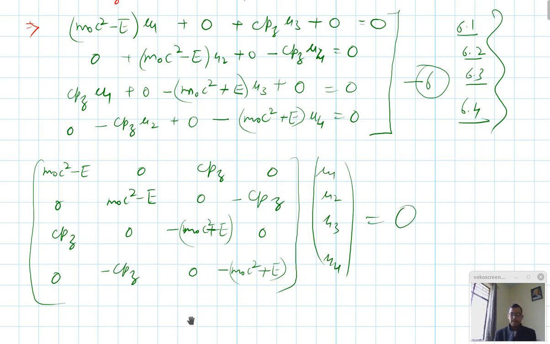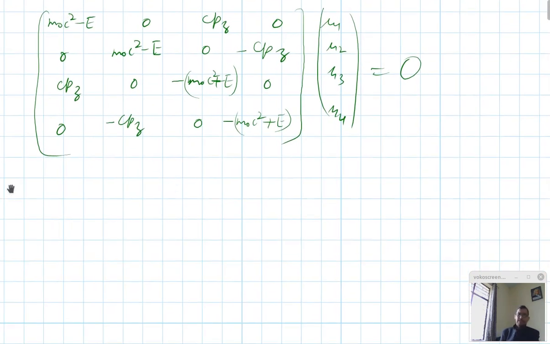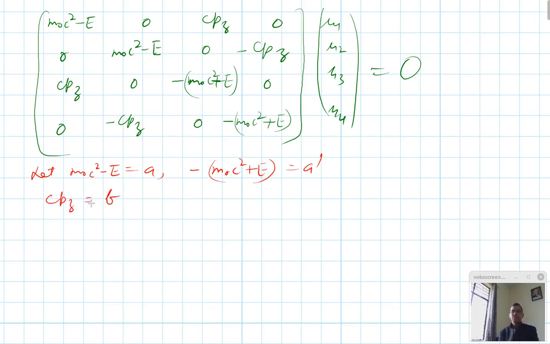So now let us do a little more mathematics to make it more simple. So let us choose that M naught C square minus E is equal to A, M naught C square plus E is equal to A prime, and CPZ is equal to B. So if I use these values in this, we have chosen this to make it more simple, right?